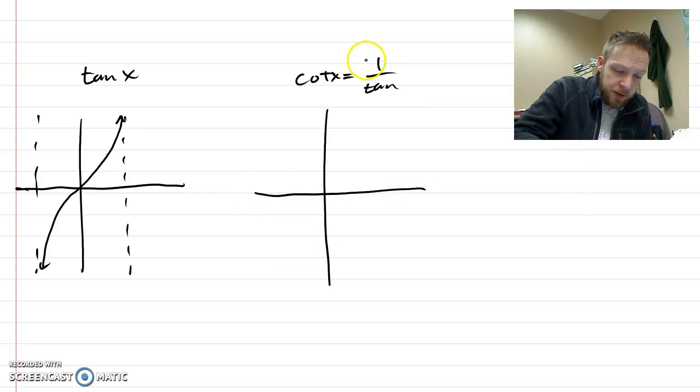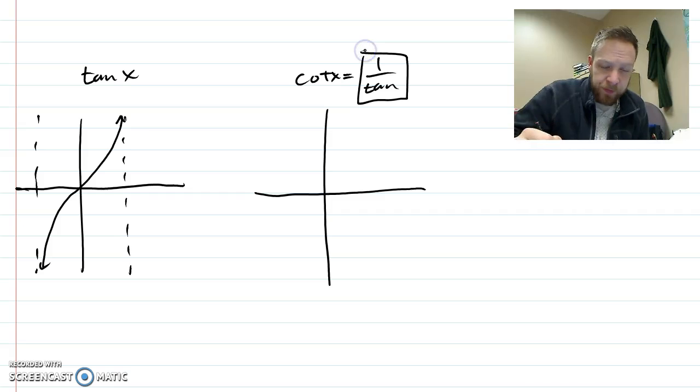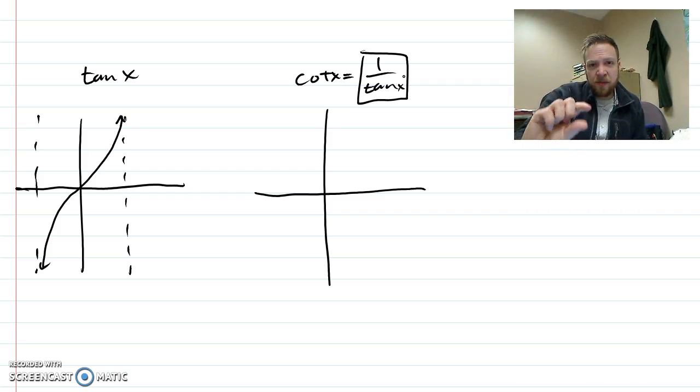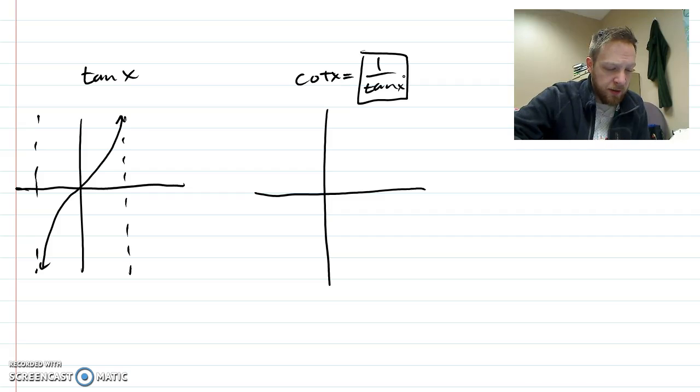Okay, this is 1 over tangent. Now that means whatever tangent is, if I do 1 divided by it, it actually turns out to be opposite in size. So when I say tangent is like 1, that is the only exception where when I do tangent of pi over 4, I get 1. It's also going to be at pi over 4, 1 for cotangent.